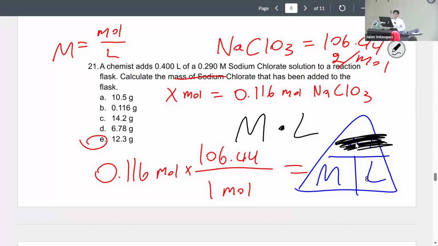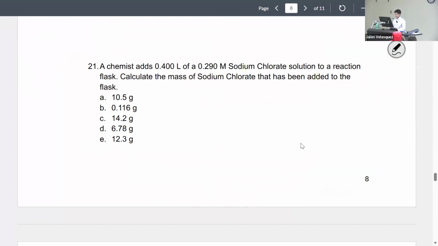Okay, does that make some sense? Yeah, it's just kind of confusing. I don't like the triangle because if you set it up the wrong way, you're going to do the wrong operation. That's why I like to just cross multiply instead, but to each their own.